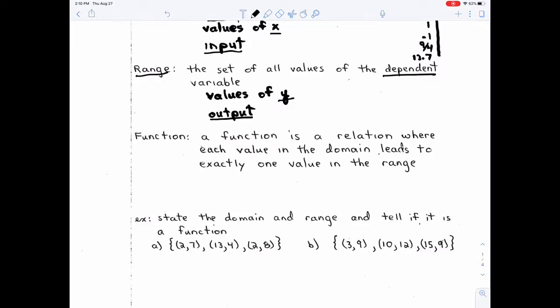So in other words, one domain value leads to one range value. I'm going to express this a little bit differently.